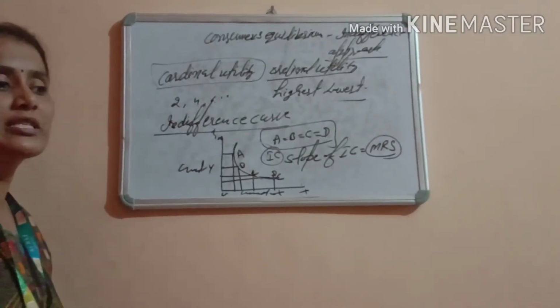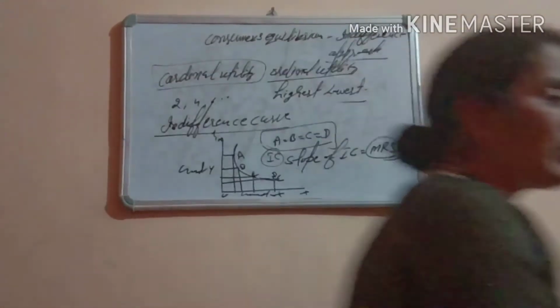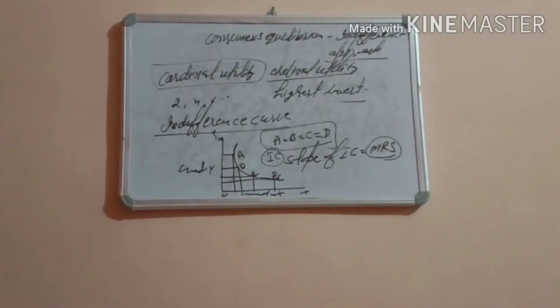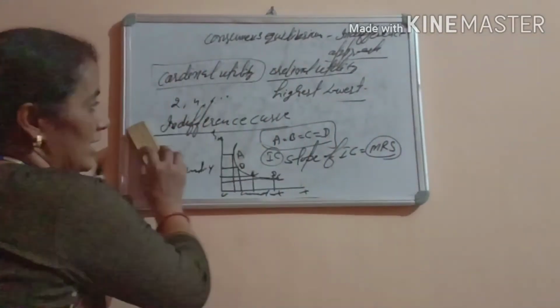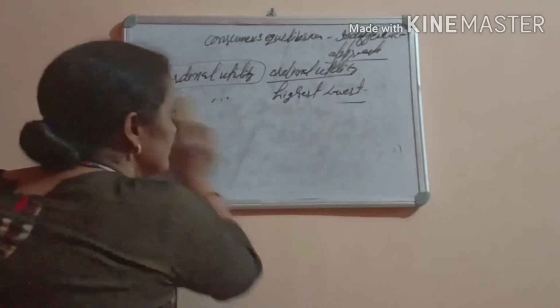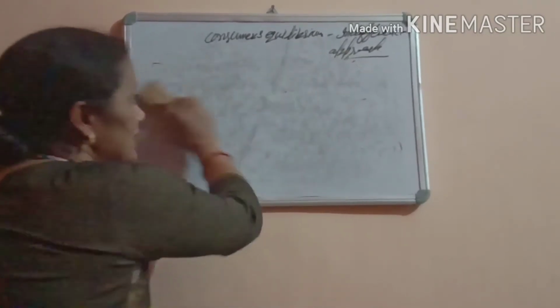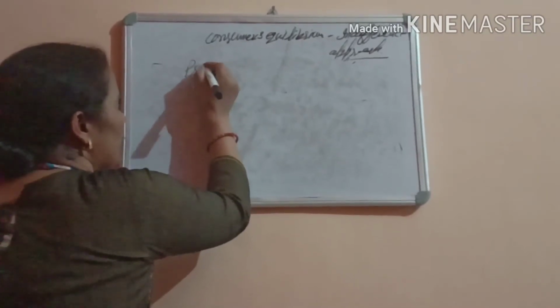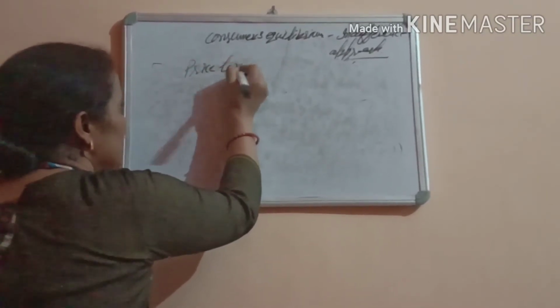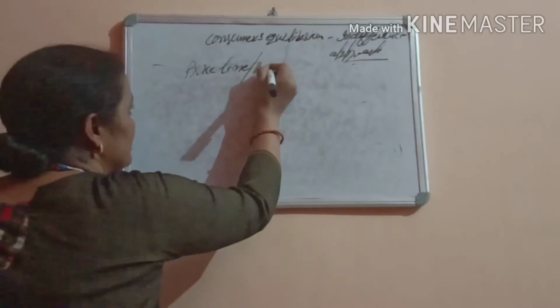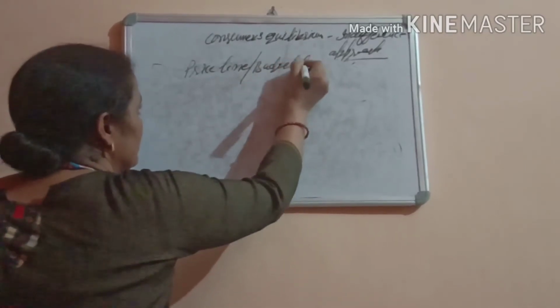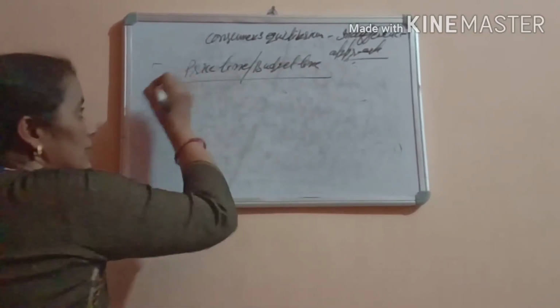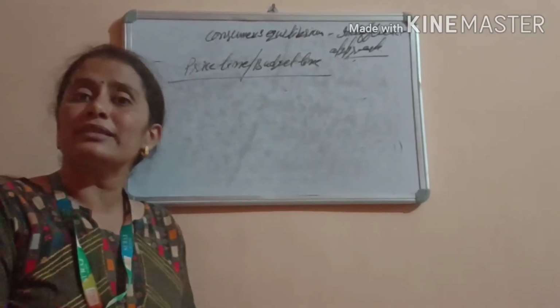इसमें another जो concept है वो है budget line, या it is also called the price line. First of all, what do you mean by the price line या budget line? Budget line is also called the price line.